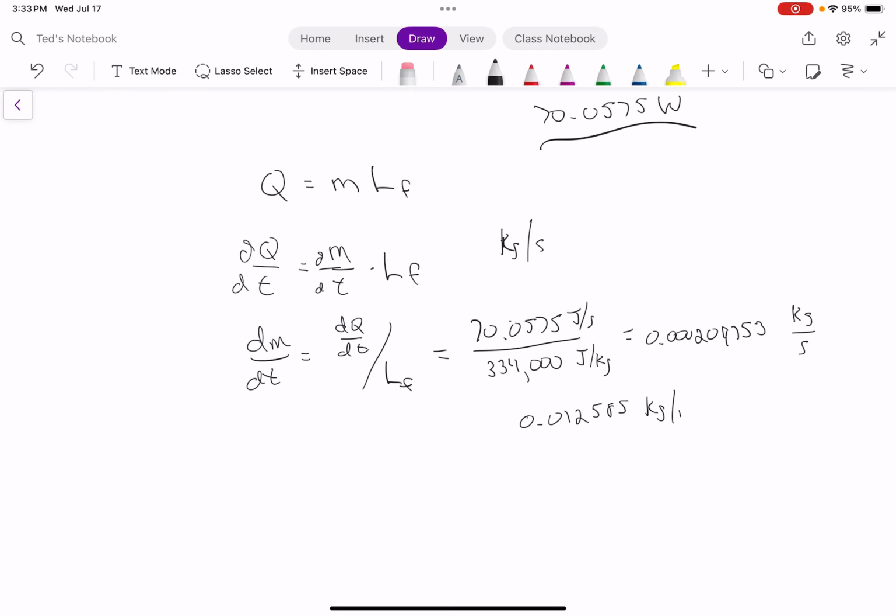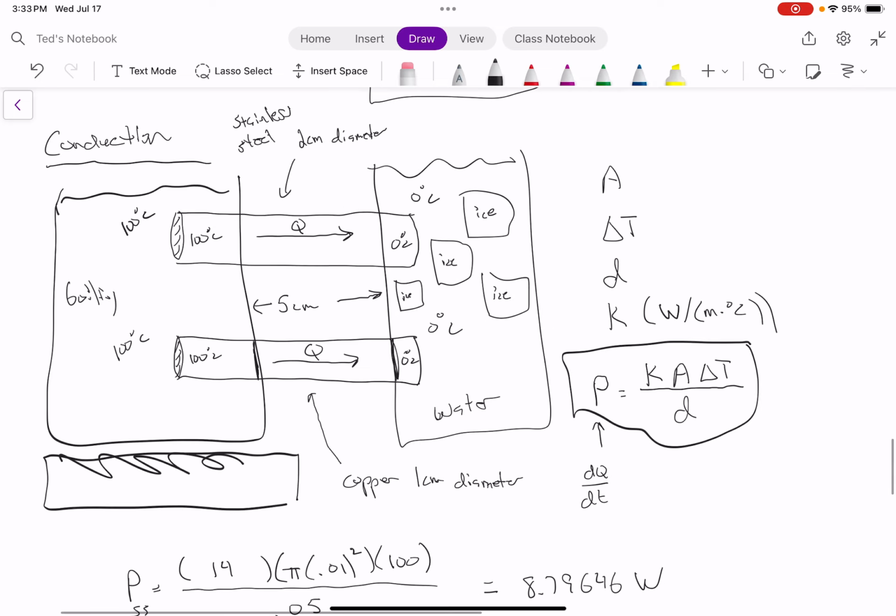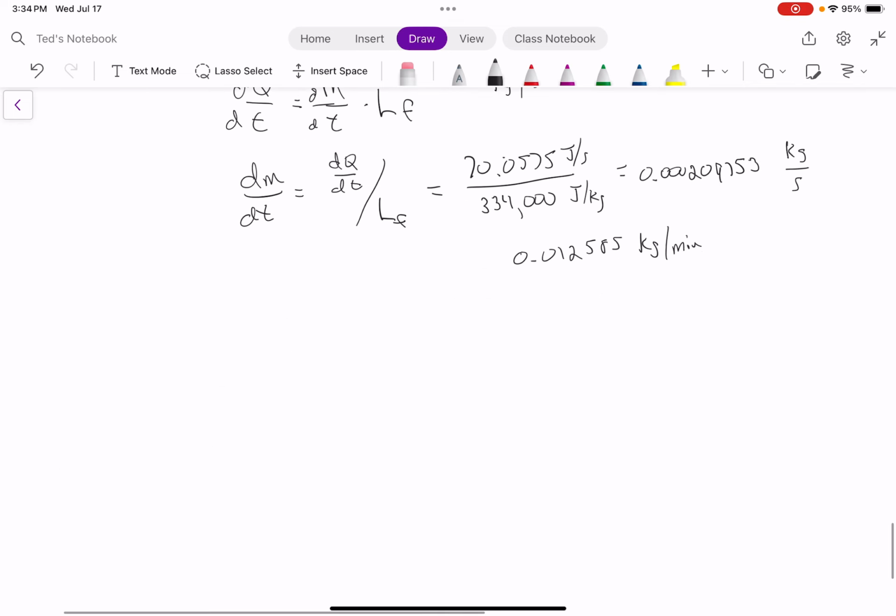kilograms per minute melt. And now to round to a reasonable number of significant digits, again, I didn't set up this problem very well. It's not clear from the problem how many significant digits we should have, so I'm just going to use 3. This is about 12.6 grams of ice per minute are going to melt if we have this set up.